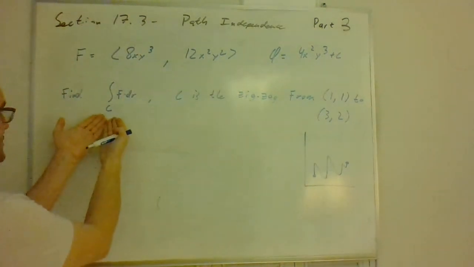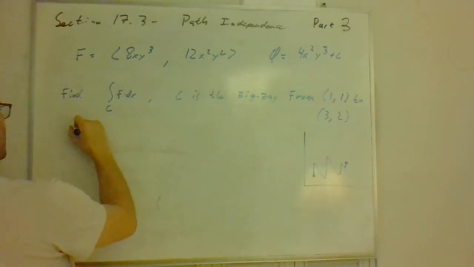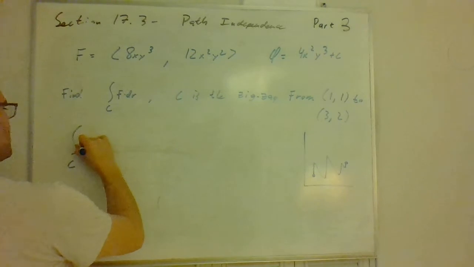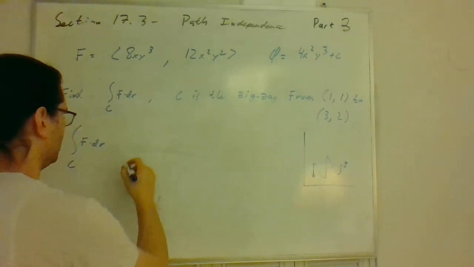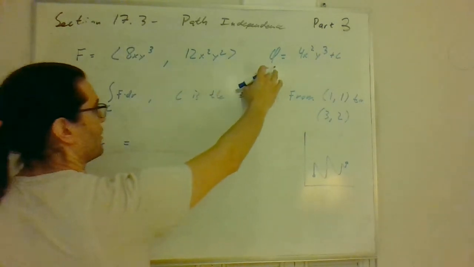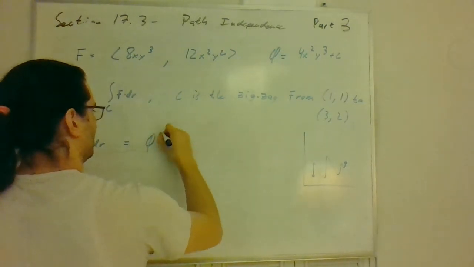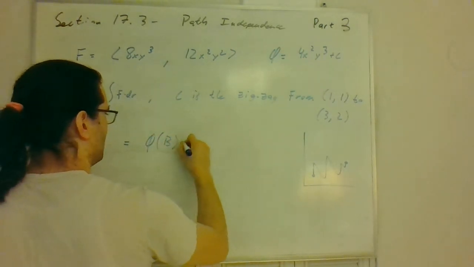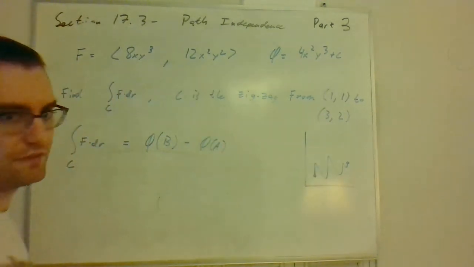So if someone asks you to take the integral of the vector field, instead of doing the line integral, f dot dr, I can just do like the normal integral evaluated at the end point and evaluated at the starting point, and it's the difference.